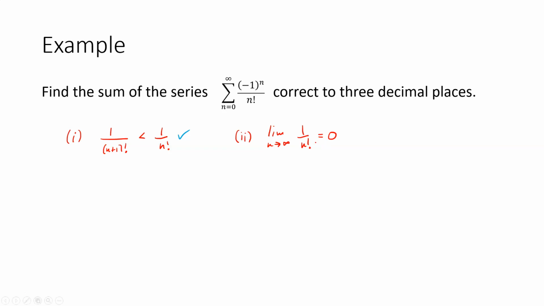Now let's figure out how many terms of the series we need to sum in order for it to be correct to 3 decimal places. Let me write out a few terms to figure out how many terms we're going to need in order to get the sum within our desired error. When they say 3 decimal places here, what we're really looking for is Rn to be less than 0.0005.